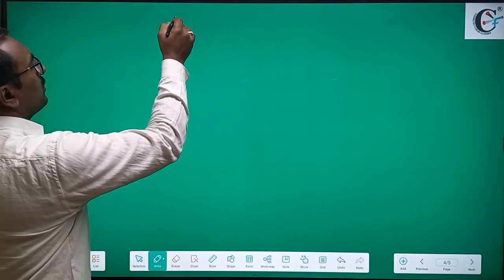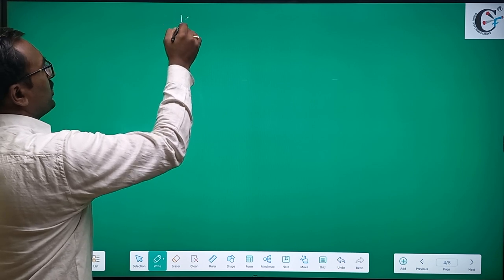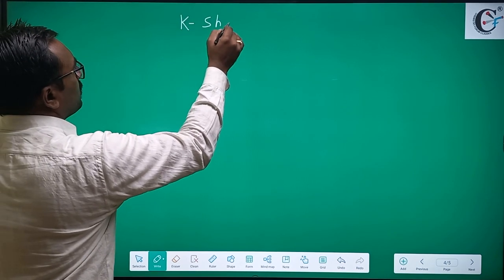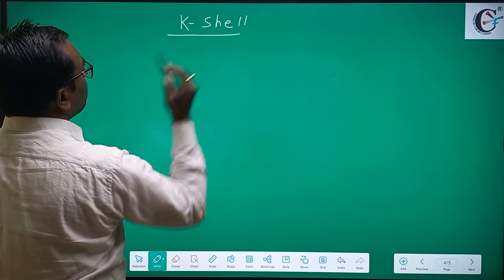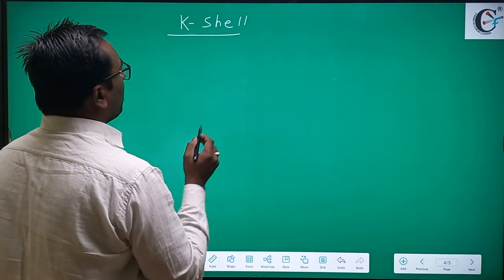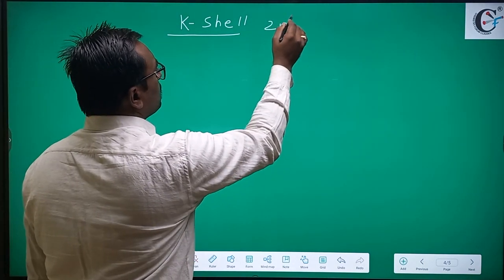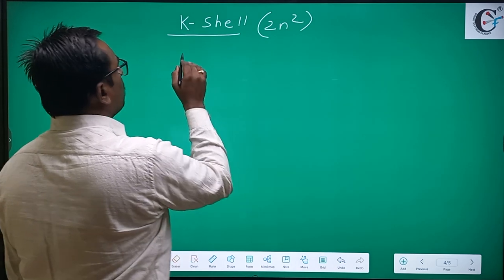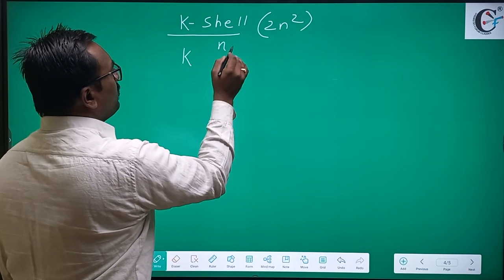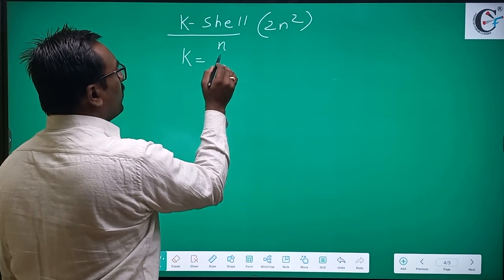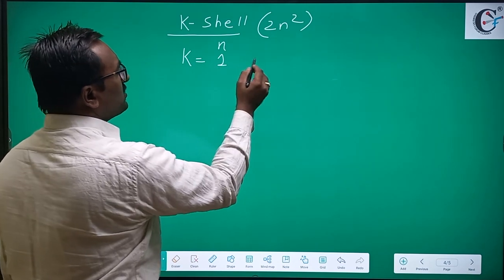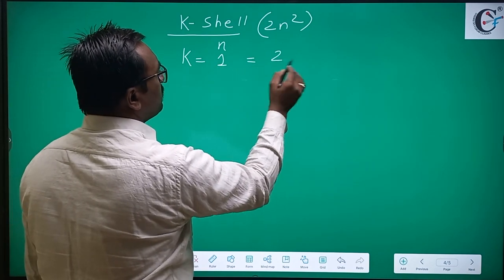Now suppose we have the K shell. For K shell, how many electrons can it carry? It is 2n square. For K shell, n value is equal to 1, and the maximum electron carrying capacity is 2.